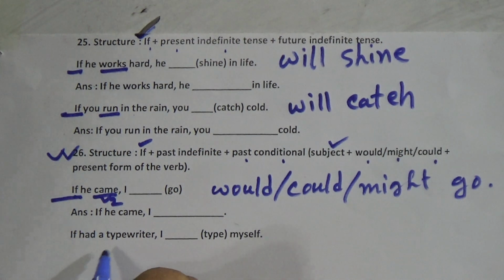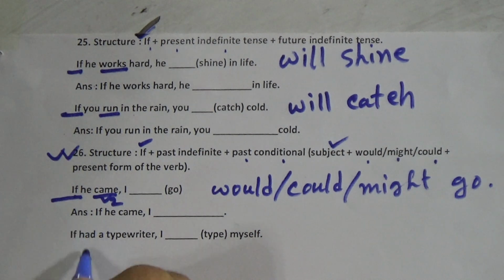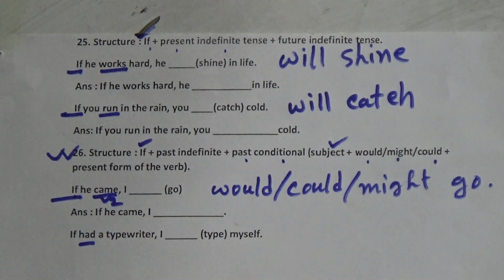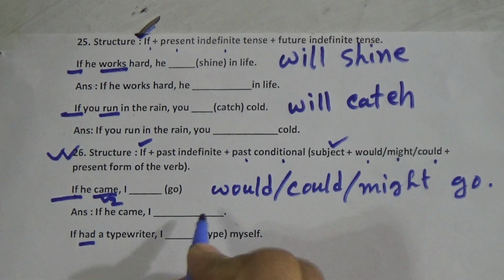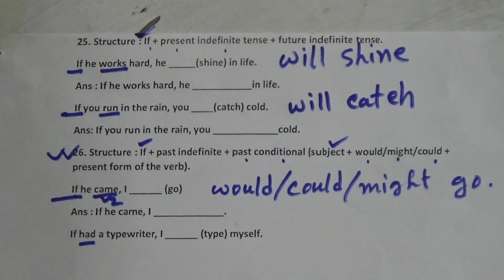If I had a typewriter, here will be I. Had is the verb to have or has. From have or has, this is the present form, and had is the past form. That's why here this is past indefinite. Then you have to write past conditional. You know that past conditional is subject plus would, or could, or might plus verb 1.